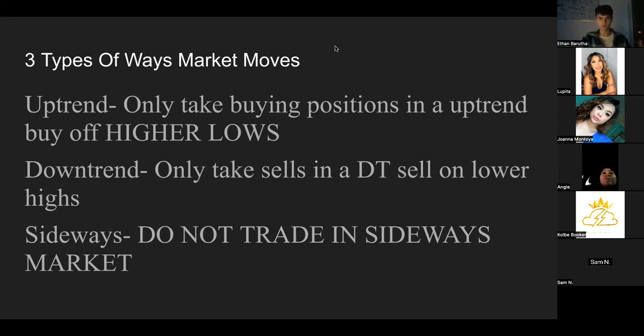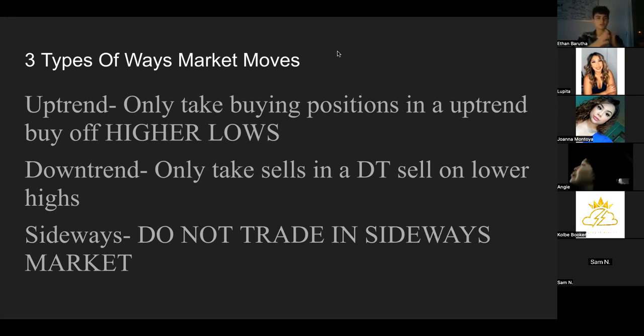So that's the second way the market moves. Now we have a sideways market, which is known as consolidation, as I like to call it. That's when the market is literally just going sideways. I have some pictures to show you guys, and again, we're going to go on the live charts and really break this down.